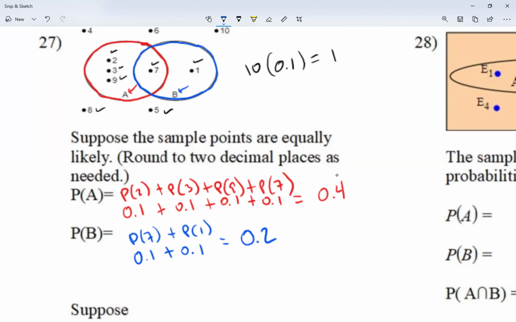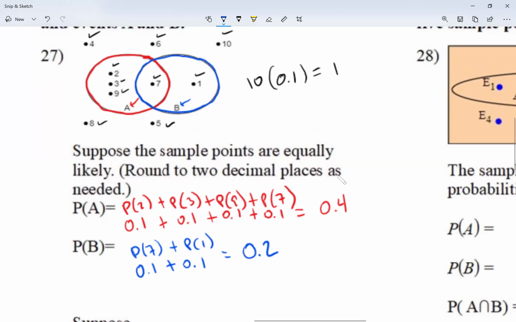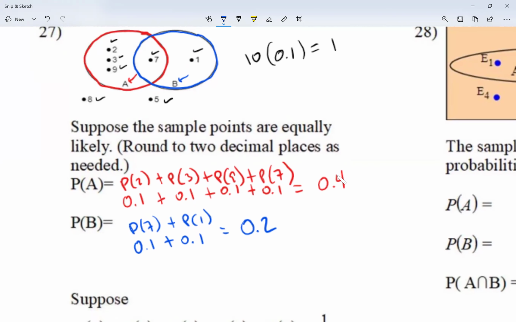One mistake, we counted the point 7 twice because it is in both probability of A and probability of B. And then the main reason it does not equal 1 is that there are points outside of A and B. Look at the points 4, 6, 10, 8, and 5. That's why probability of A plus probability of B does not equal 1.